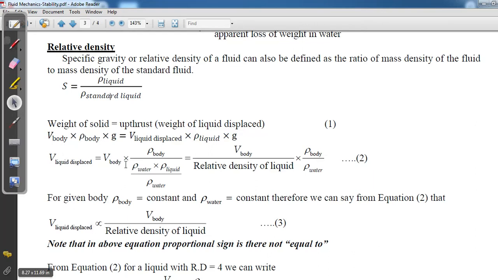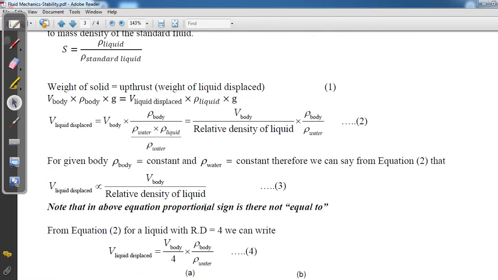So in this equation we can use a proportionality sign: V of liquid is directly proportional to volume of body divided by relative density of liquid. Just pay attention, it is proportionality, not equal to. This is equation 2. If you want the total exact volume displaced, then you have to use equation 2, but here we are seeing this proportionality to get an idea.